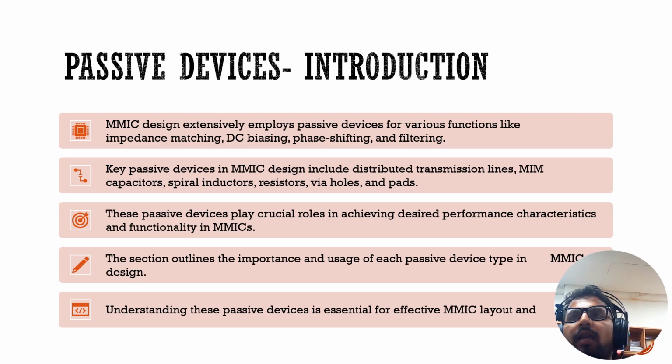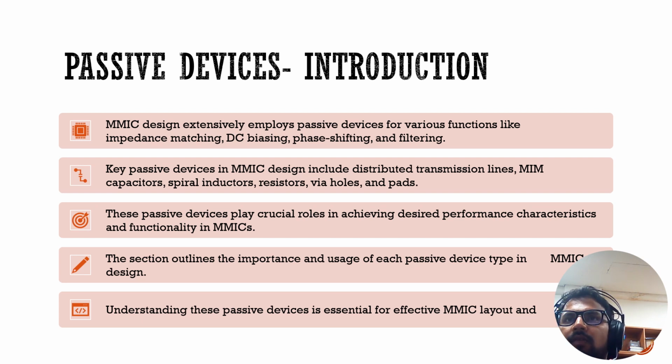Moving again, so we have completed active devices. Now moving to passive devices. So the introduction of passive devices. The MMIC design extensively employs passive devices for various functions like impedance matching, DC biasing, phase shifting, and filtering.